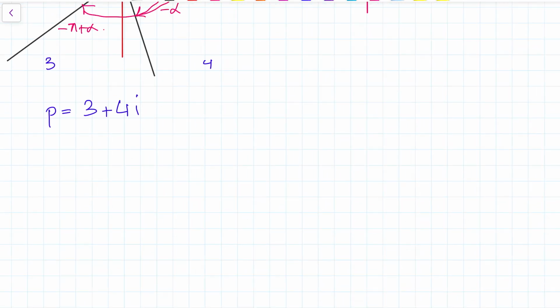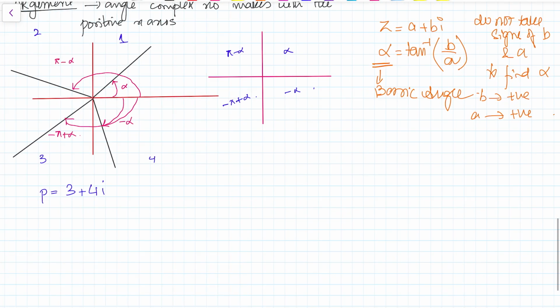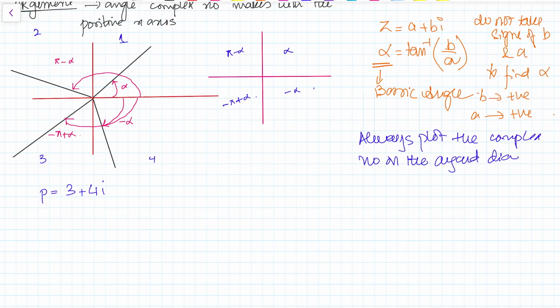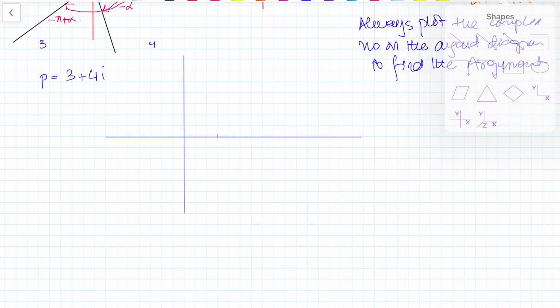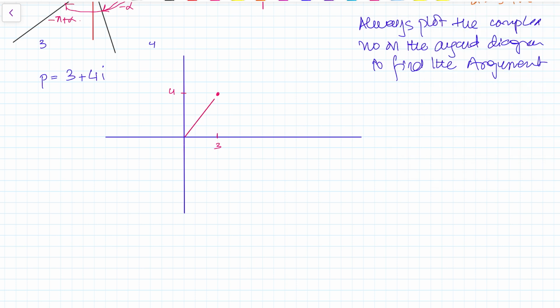Plotting on an Argand diagram is very important to find the argument. Always plot the complex number on the Argand diagram to find the argument. How do we go about it? 3, 4. This is how the complex number looks like.